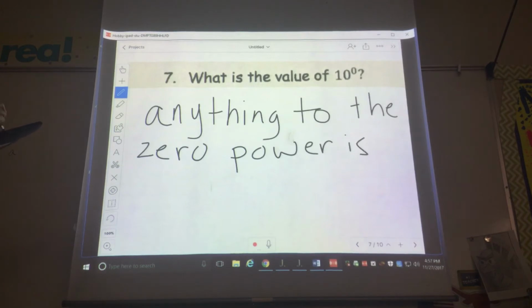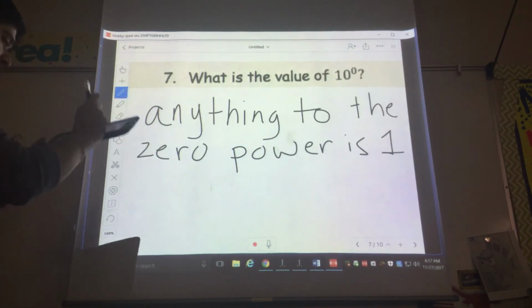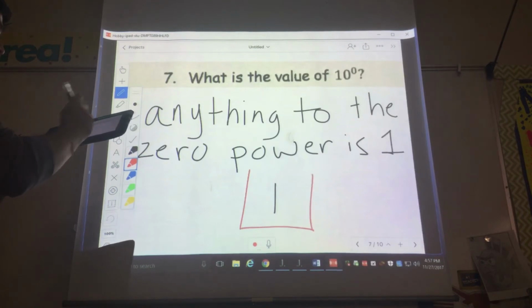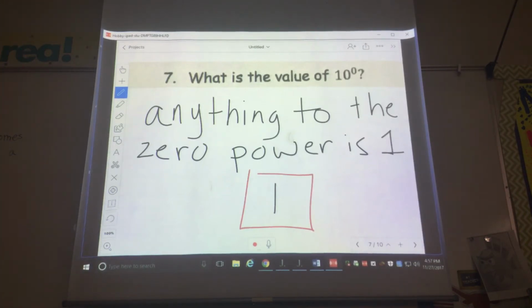Anything to the 0 power is 1, just so that you know. So you just put 1, that's okay. This one is going to go into question number 8 too.